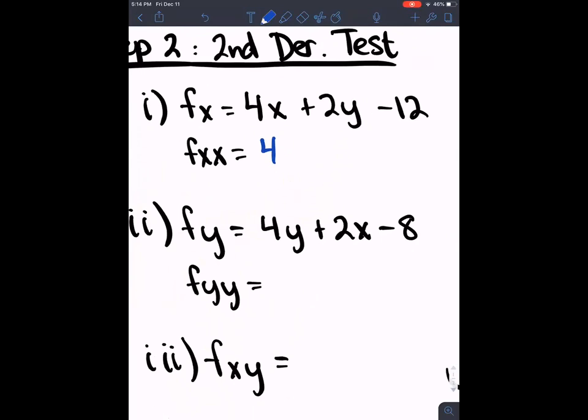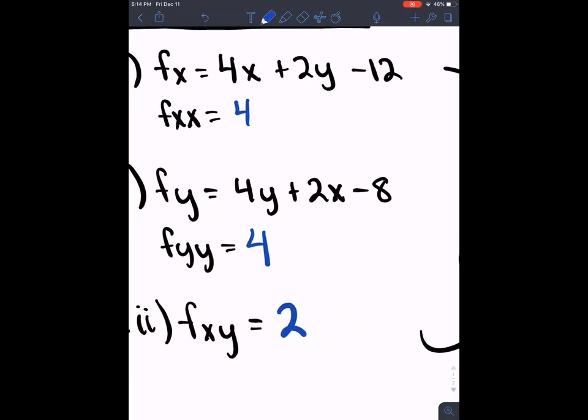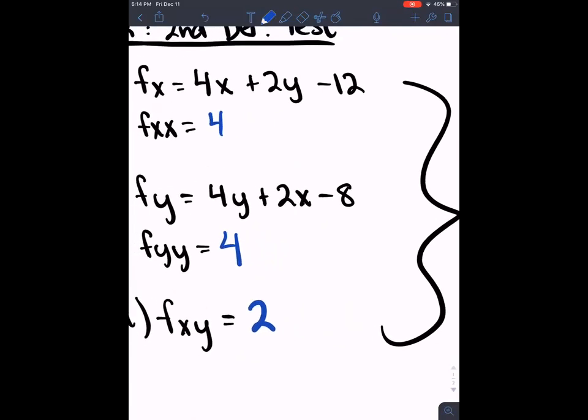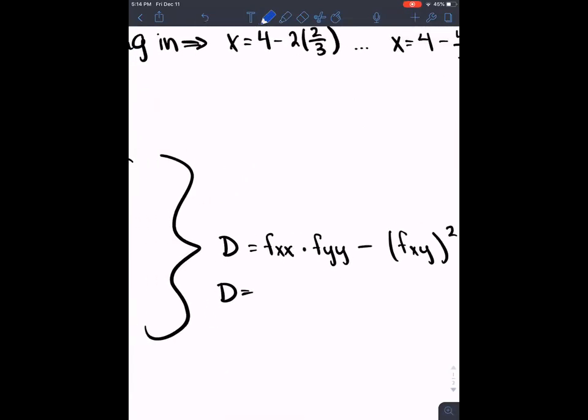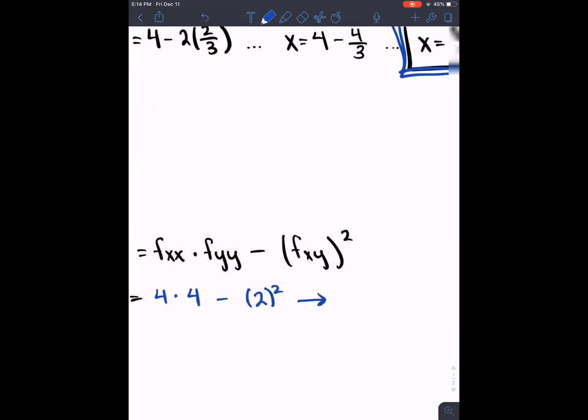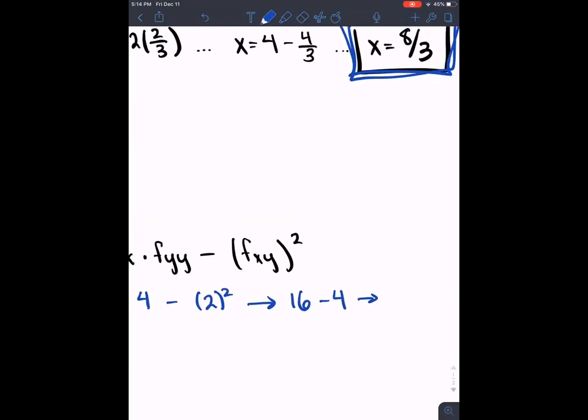And if you do the same thing with the partial derivative with respect to y, you get that the second partial is also just 4. And then if you do the partial of x and then the partial of y, you get 2. And that's the same for fxy and fyx. Your D equation, which I've written here, then becomes 4 times 4 minus 2 squared, which is equal to 16 minus 4, which is equal to 12.